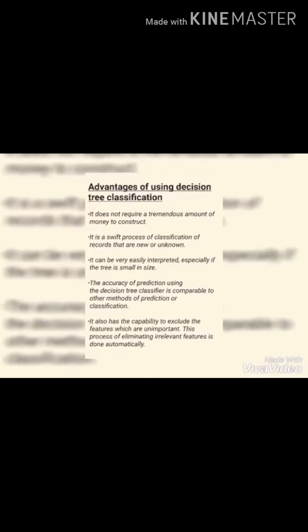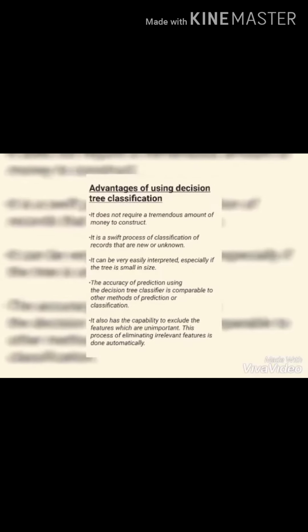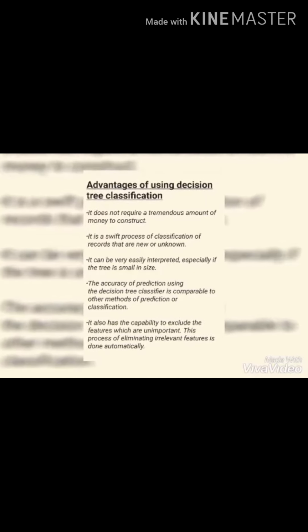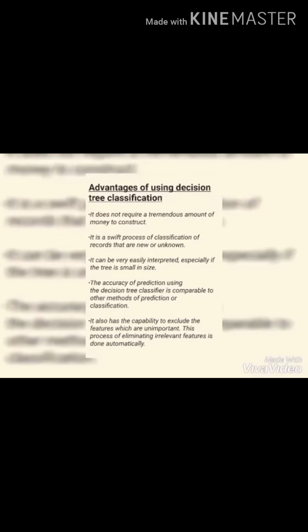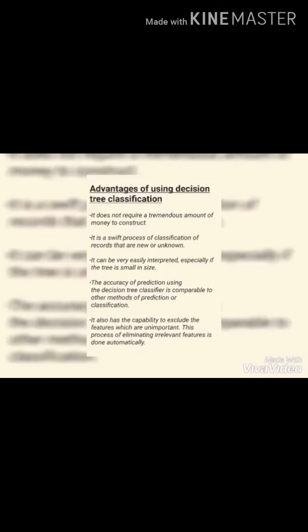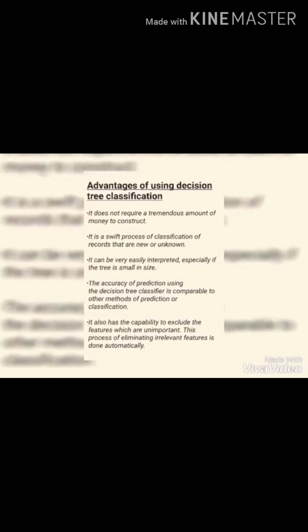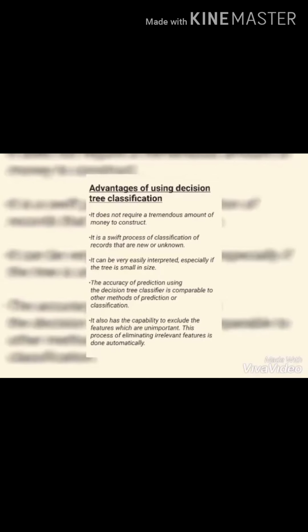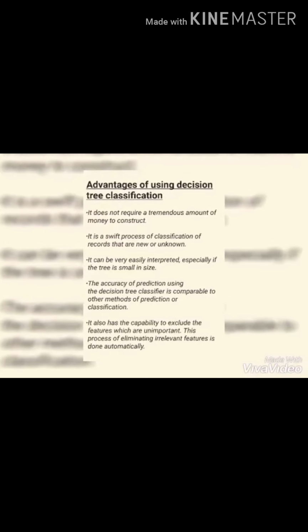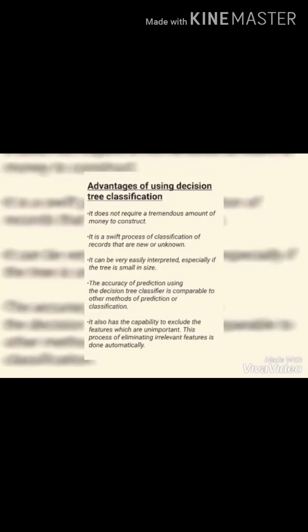The accuracy of prediction using the decision tree classifier is comparable to other methods of prediction or classification. It also has the capability to exclude the features which are unimportant. This process of eliminating irrelevant features is done automatically.